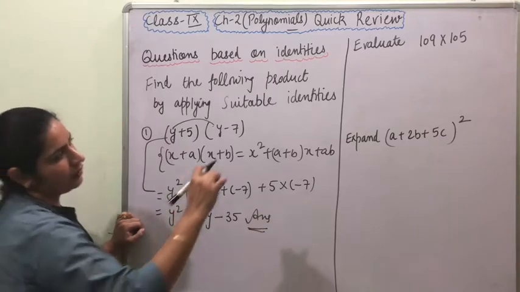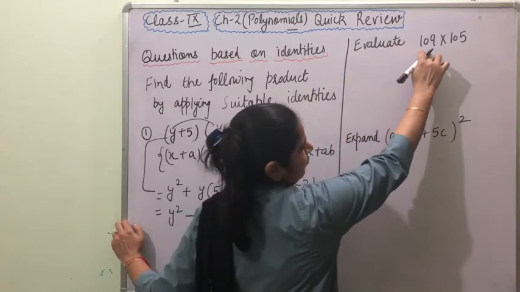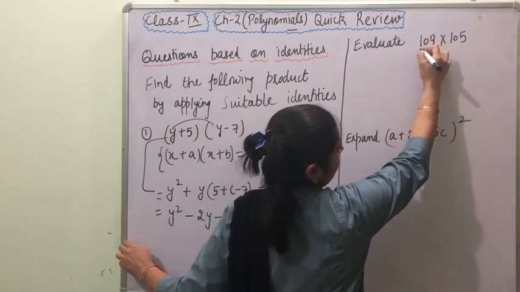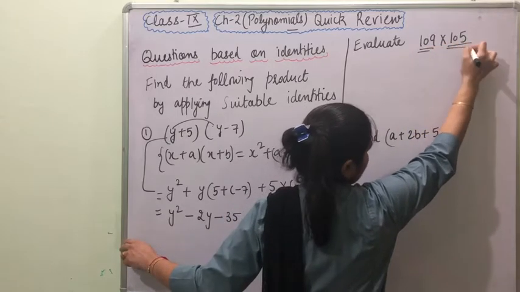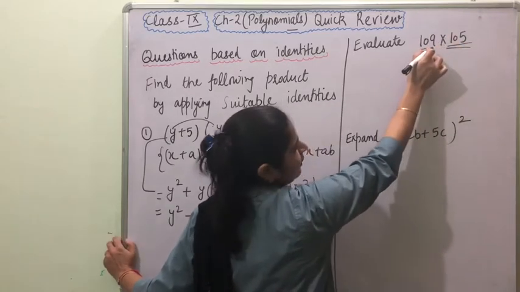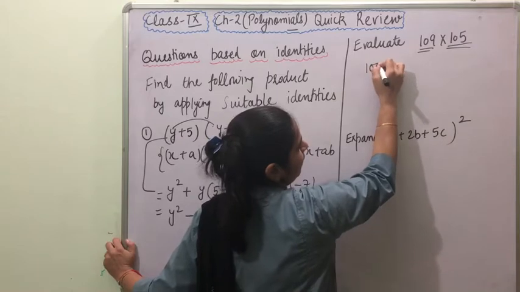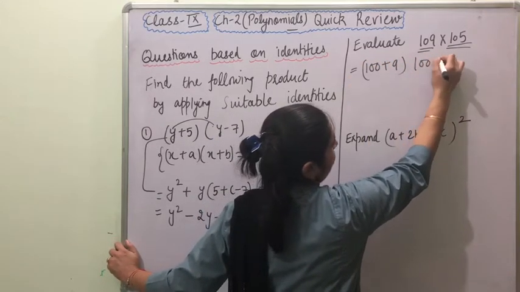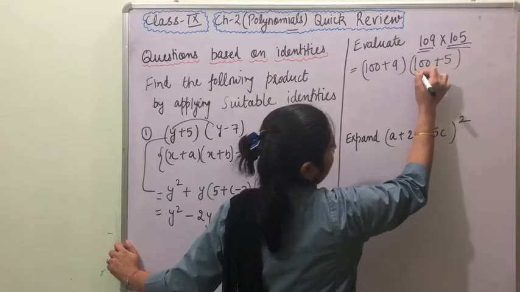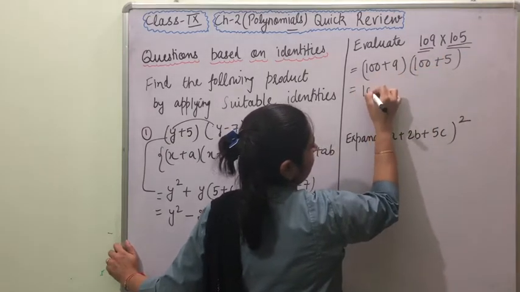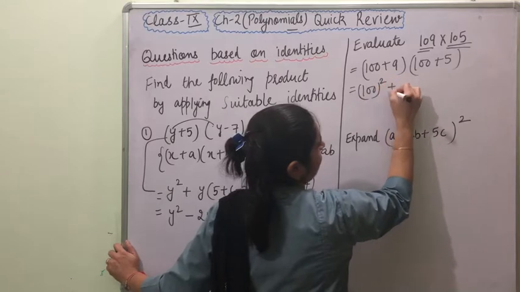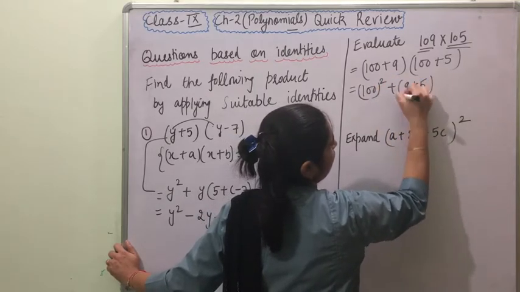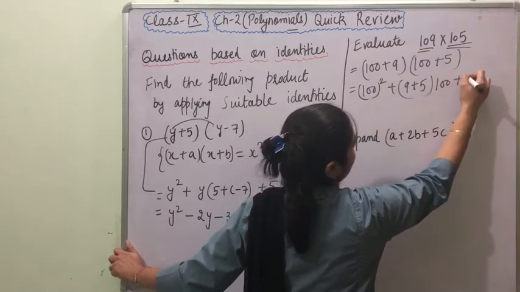Now the next one: evaluate this value by applying the identity, again the fourth identity. This is also an application of the fourth identity. This 109 we can write as 100 plus 9 into 100 plus 5. We will multiply both the terms. It is equal to 100 square plus (9 + 5) into 100 plus 5 into 9.